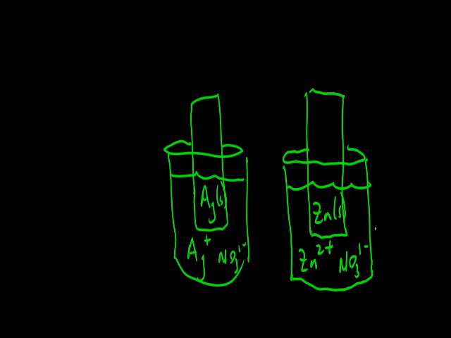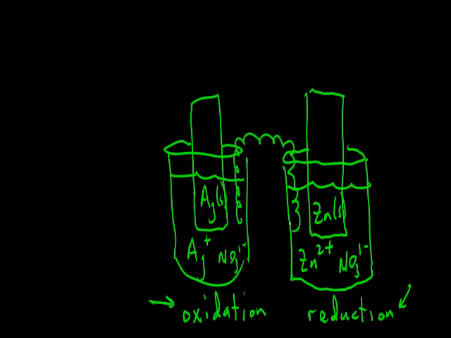If we now diagram this electrochemical cell, we have one beaker each, one that has our oxidation half reaction, the other one has the reduction half reaction. Now in this case the silver is going to be oxidized, the zinc is getting reduced. We still need to have our salt bridge to complete the electrical circuit.